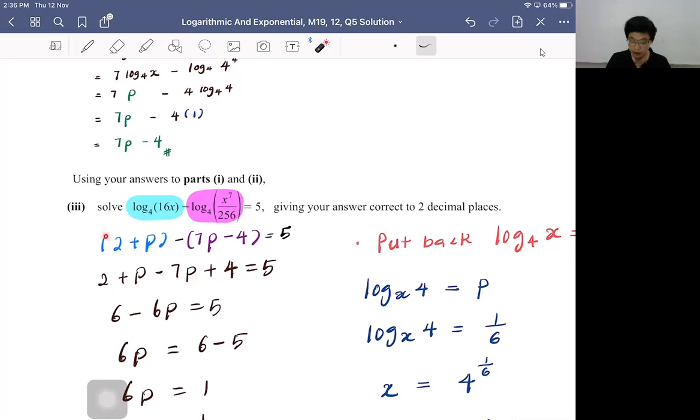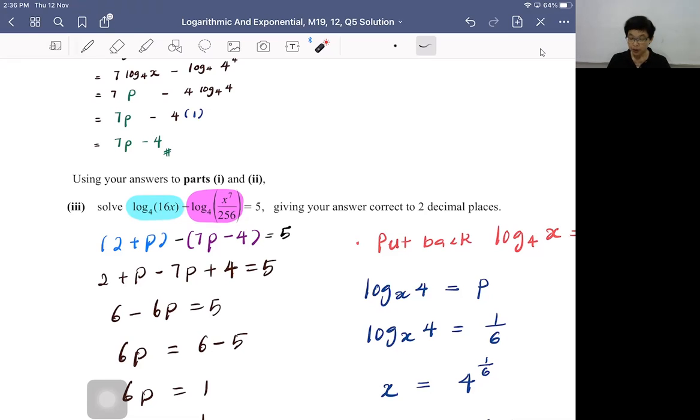As I put a bracket so that it's easier for us to see, this is from part A1, 2 plus p, and this is from part A2, 7p minus 4. Okay, so you have seen that we have translated these complicated given questions into a simple linear equation of p.